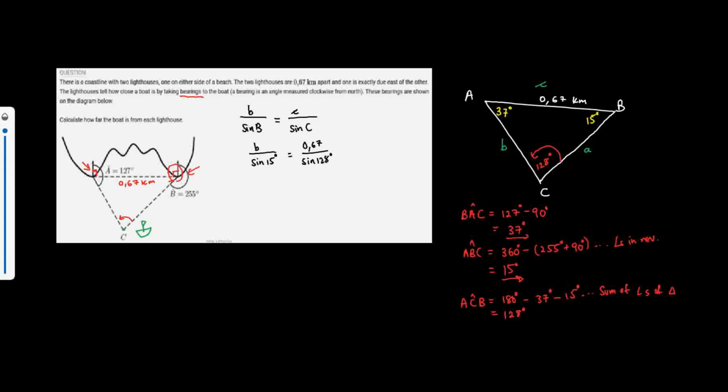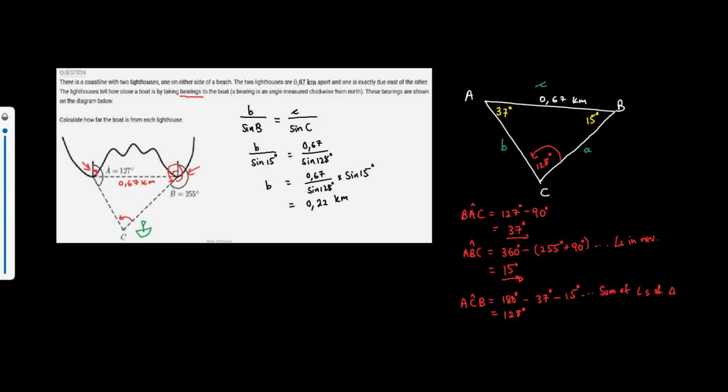So B is equal to 0.67 over sine 128 degrees times sine 15 degrees. Now let's use our calculator. That's going to give me 0.22 kilometers.